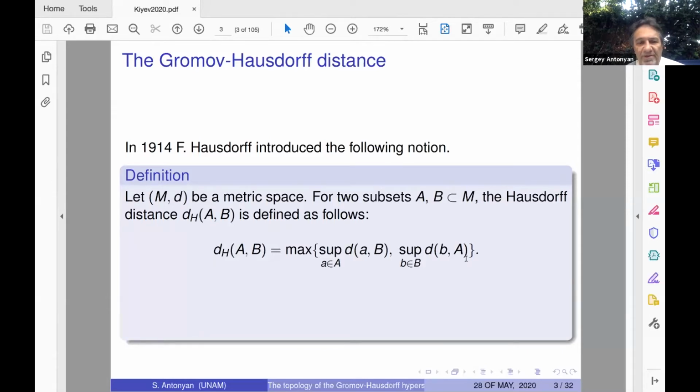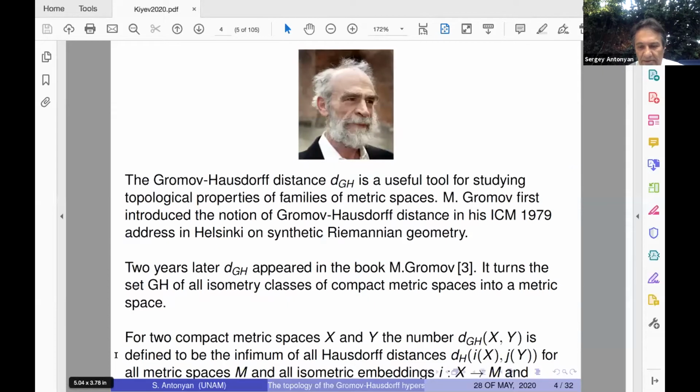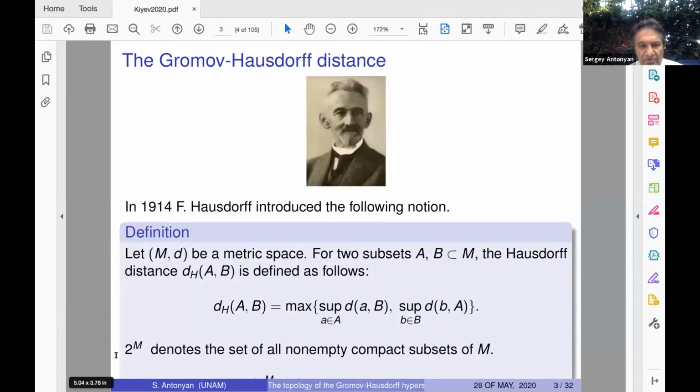This is the Hausdorff distance between two subsets. When we consider the non-empty compact subsets of M, and denote this set by 2 to the M, then the Hausdorff distance is a metric on this set, and 2 to the M is called the hyperspace of M.